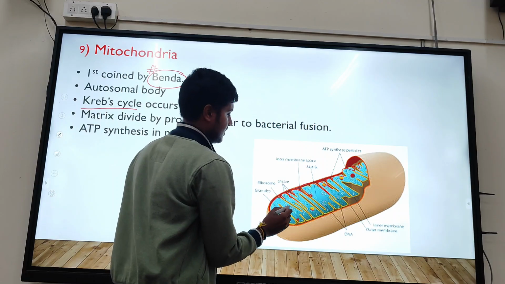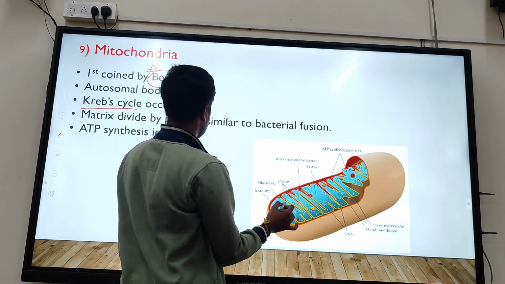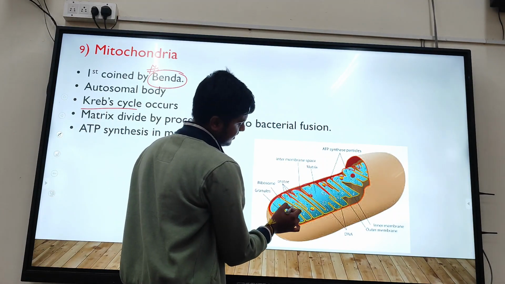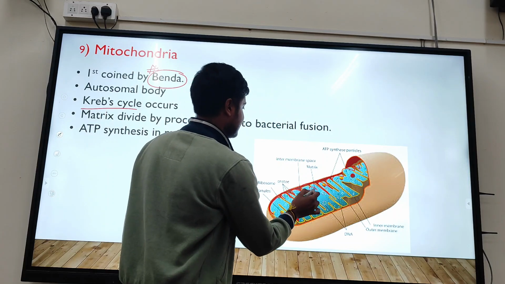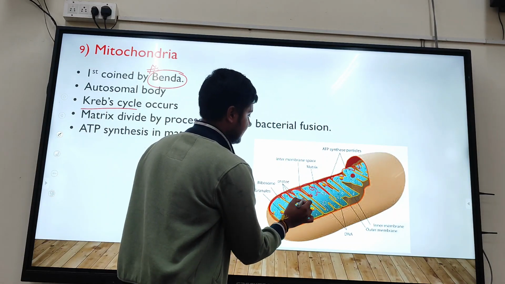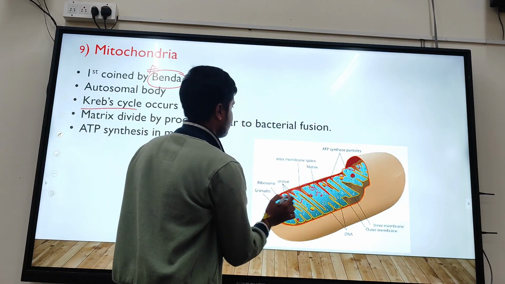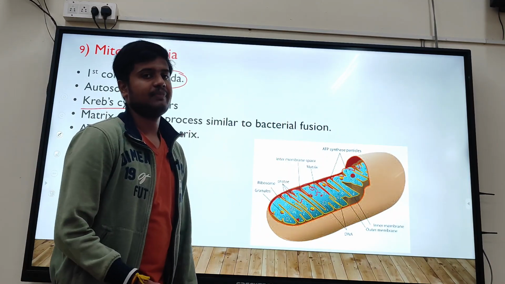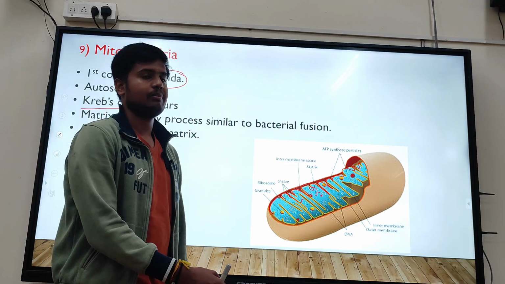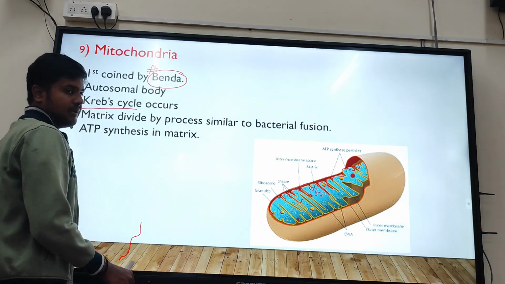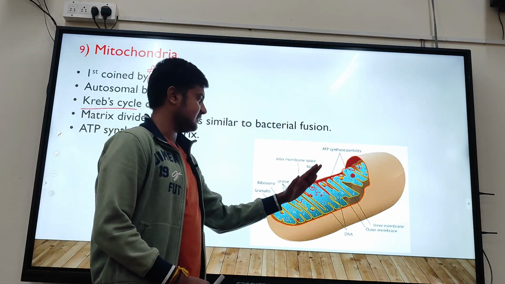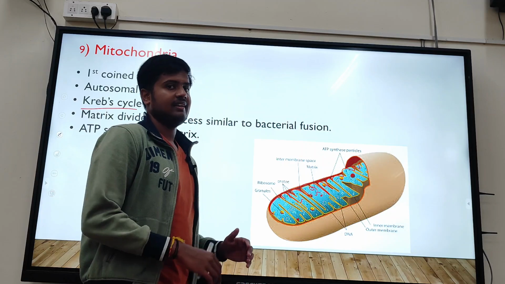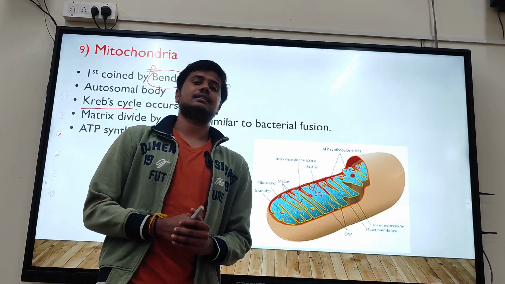Inside this, the matrix is present. Here many DNA and ribosomes are present. In the matrix, DNA divides like bacterial fission, and ATP is synthesized in this matrix, as DNA and ribosomes are present. Therefore, it is called the powerhouse of the cell.